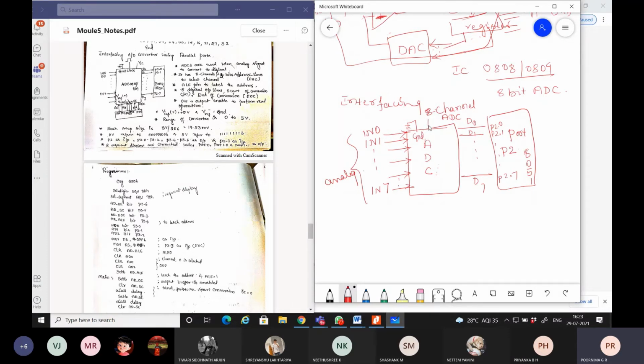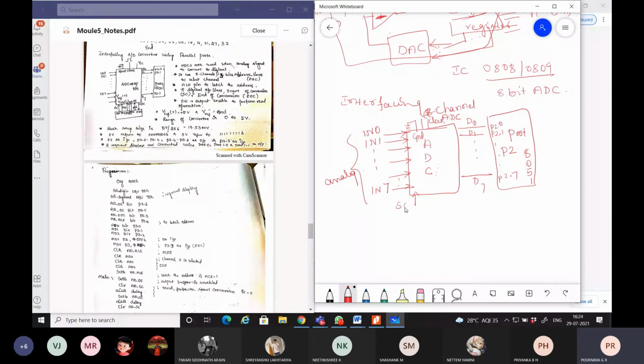Ground, there is a clock, then VCC, which also has to be connected to function. Its importance you will study in VLSI design, but that is not appropriate to discuss at this point.